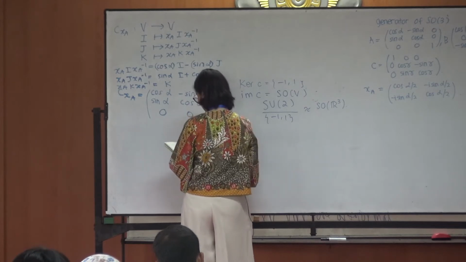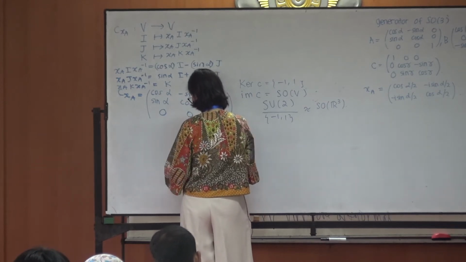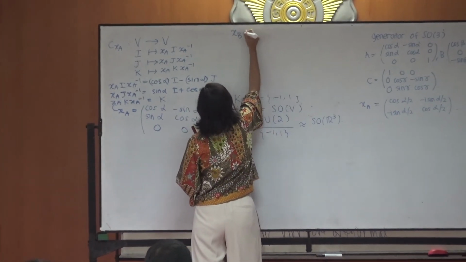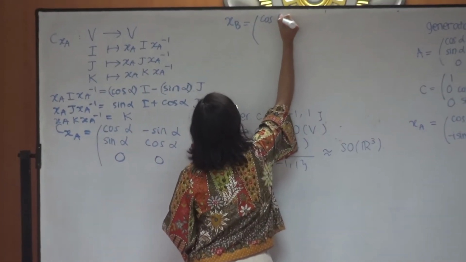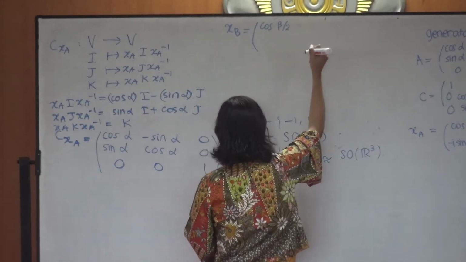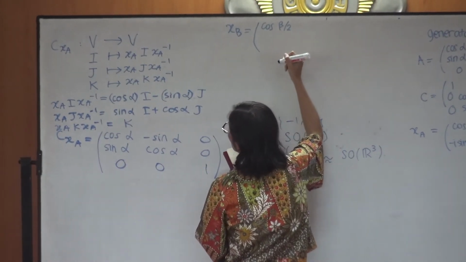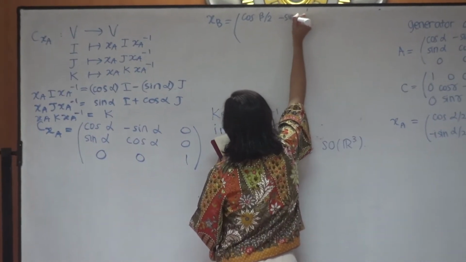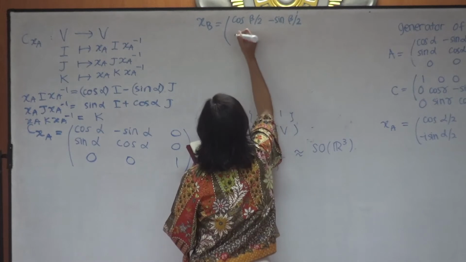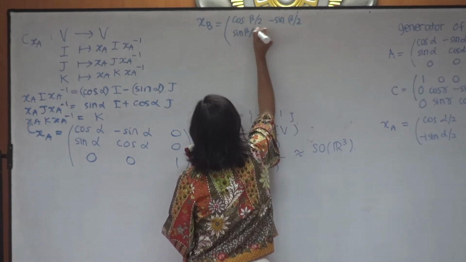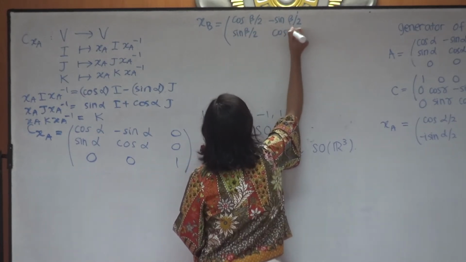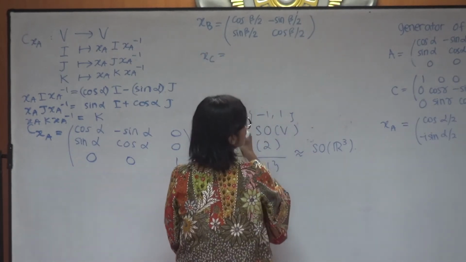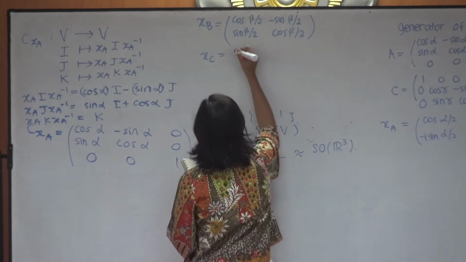For B, the XB is this, cos beta over 2, minus, and for C it is this.